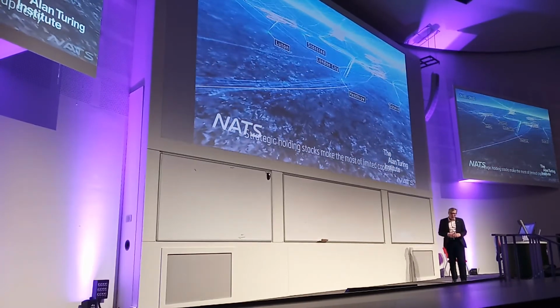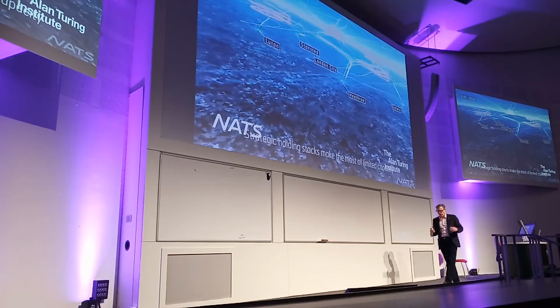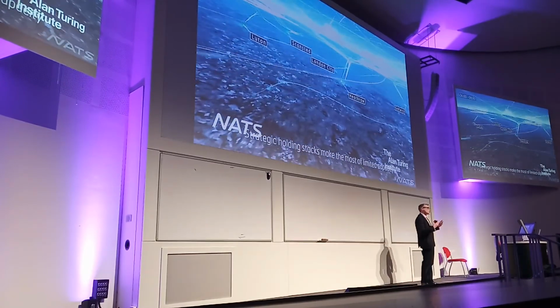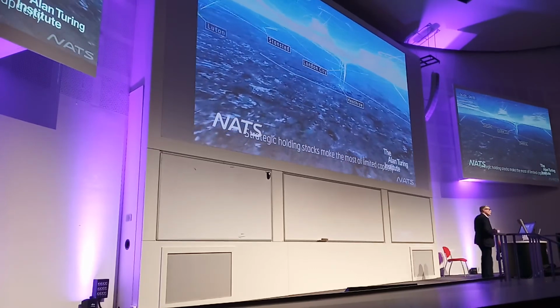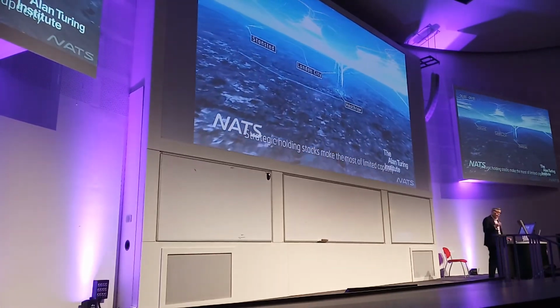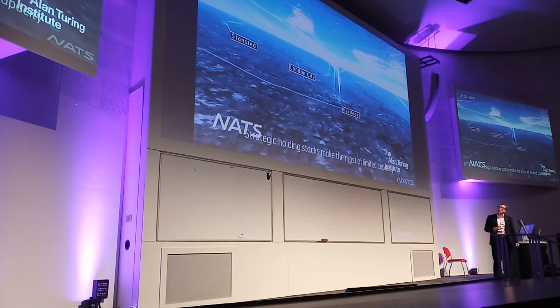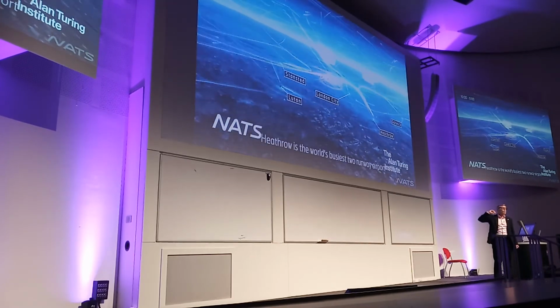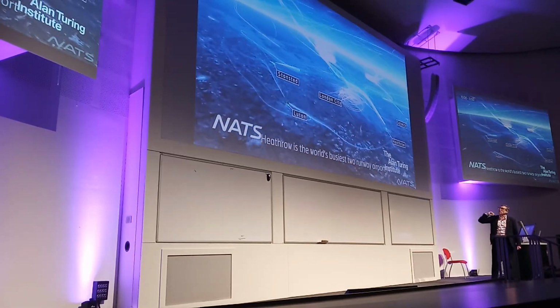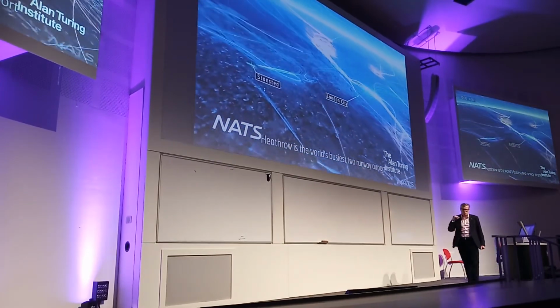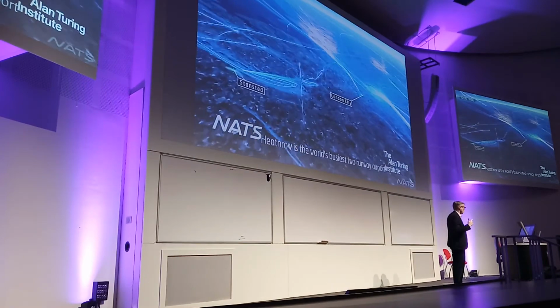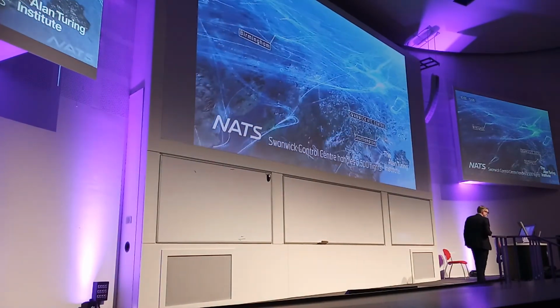And we have our partnership, so our data-centric engineering program at the Turing has a partnership with the National Air Traffic Service, where we're developing new AI technologies to improve the quality of air traffic control. And quality of air traffic control is measured based on safety, measured based on throughput, and therefore economic performance.